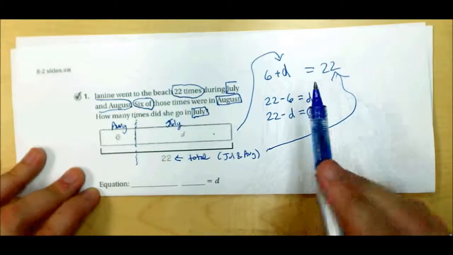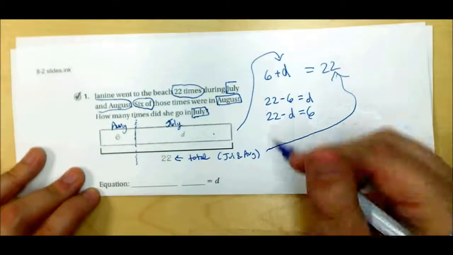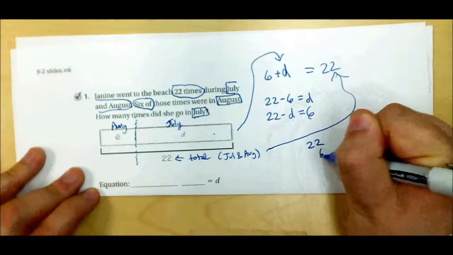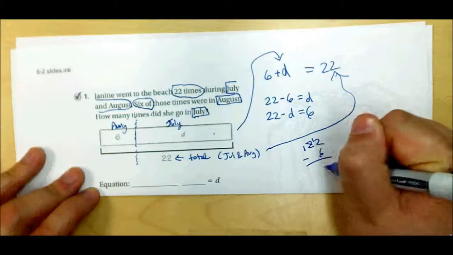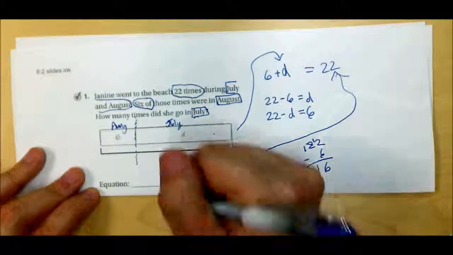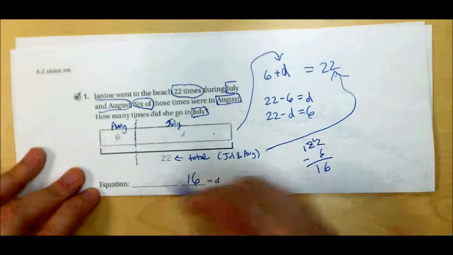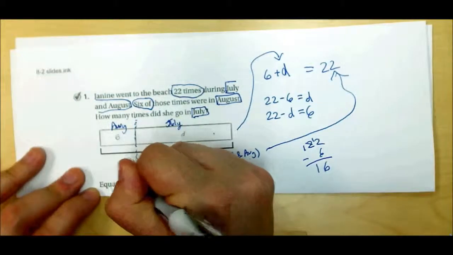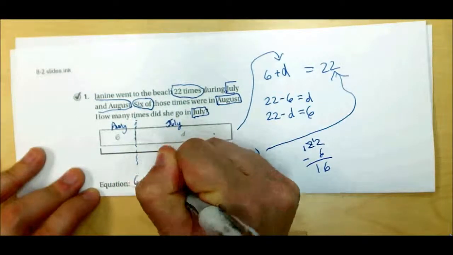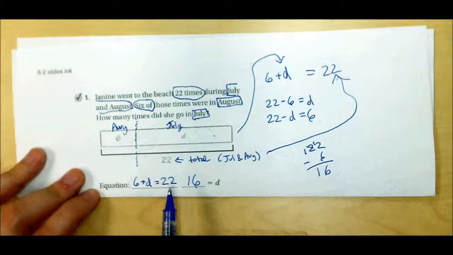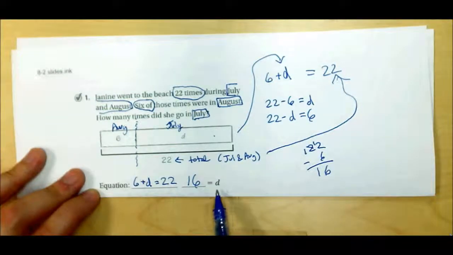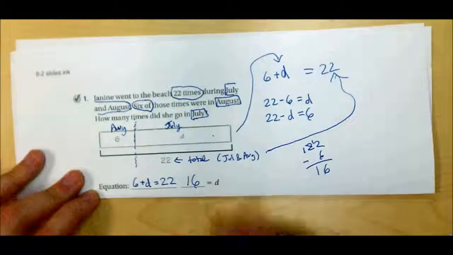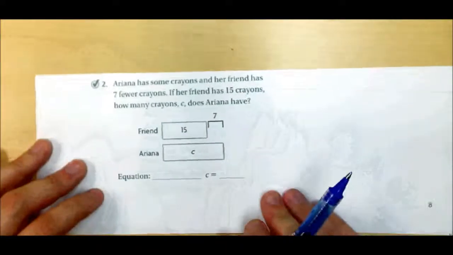Well, I can find that out by subtracting 6 from 22. And I get 16. So D equals 16. And I used this equation, so 6 plus D equals 22. So that's what I would need to see on my homework. Equation and answer. 2 things. Okay? I'll do one more.